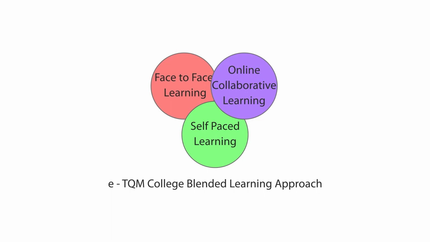Collaboration 24/7 is possible through online. So these three joining together judiciously, depending on how you would like to design your curriculum, will be much more effective than any one independently as a delivery strategy or teaching-learning strategy for the entire program.